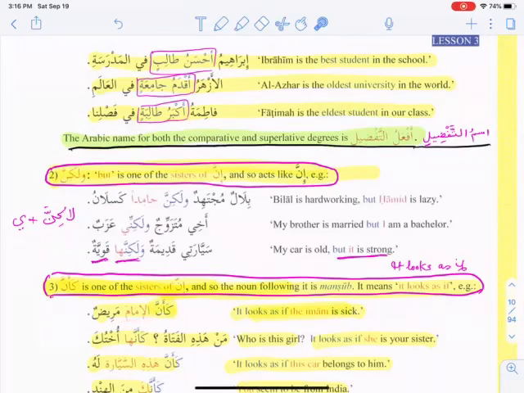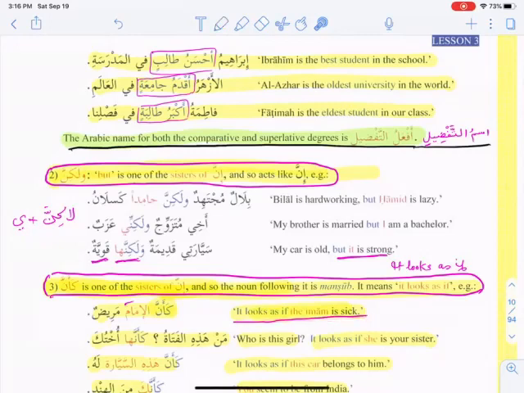Al-imama is mansub. So what is imama? Ismu ka'anna, mansub. We can have a pronoun also, but the pronoun is coming in the next sentence. Ka'anna al-imama maridun. Okay. It looks as if the imam is sick.